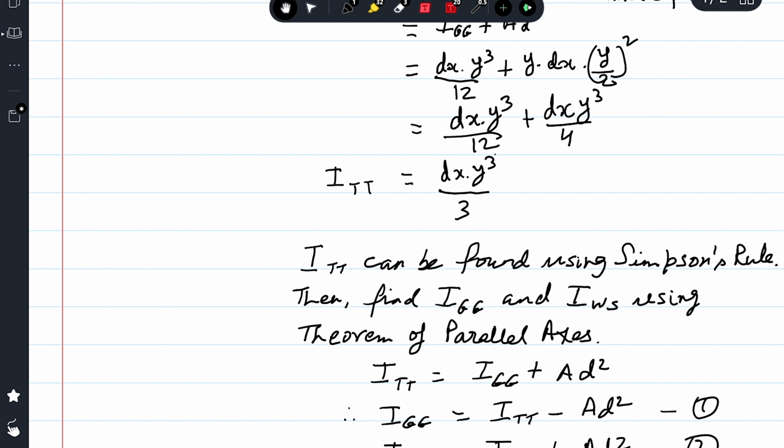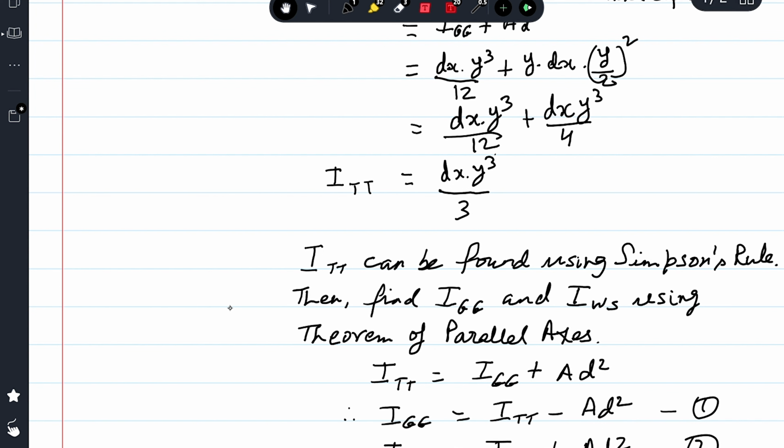But for calculating the depth of the center of pressure, we need the moment of inertia about the water surface, WS. I cannot go directly from the moment of inertia about the tank top to the water surface, because I must first find the moment of inertia about the axis passing through the centroid.